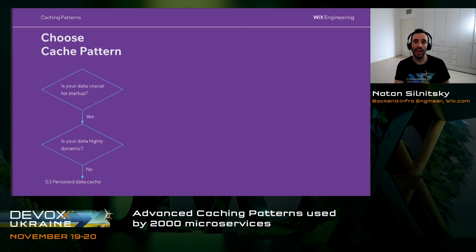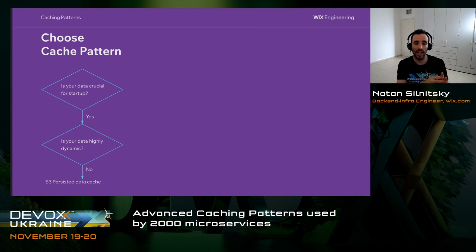Okay, so now I have a very simple flowchart for you to be able to use when you want to decide which kind of cache is best for my situation. So you can ask yourself if the data that you're working with is crucial for startup.